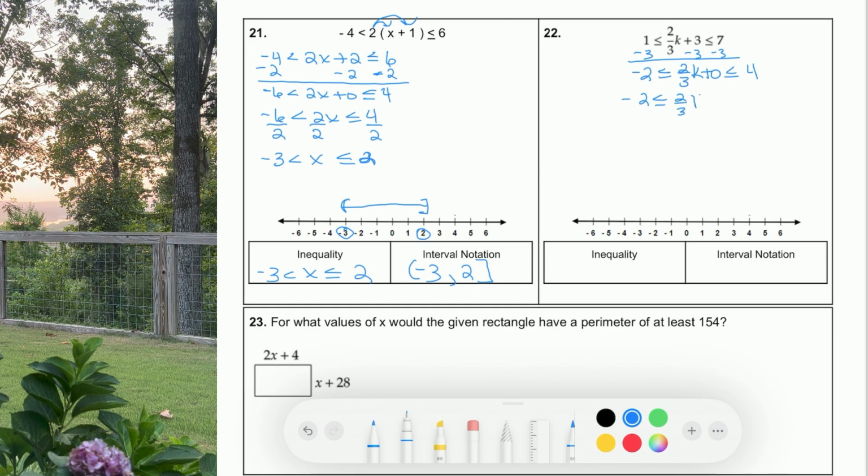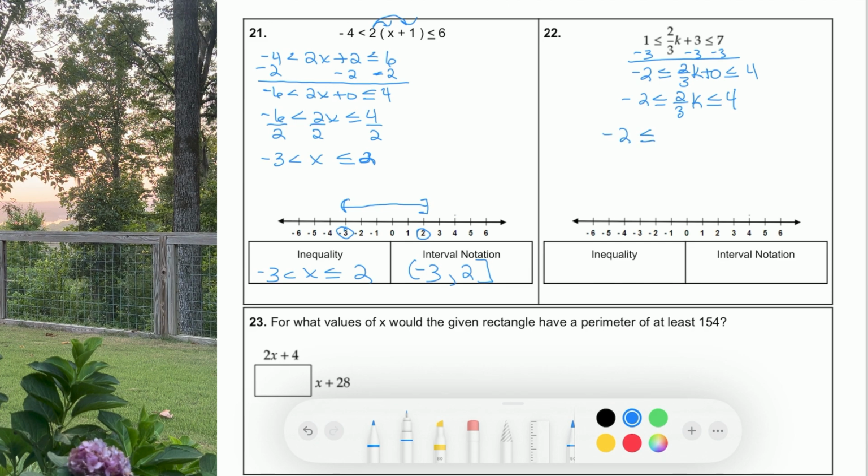Rewrite that. Negative 2 is less than or equal to 2/3 k, which is less than or equal to 4. Let me put that back the way we had that, because I want you to be able to see the difference in what we're about to do in this step.